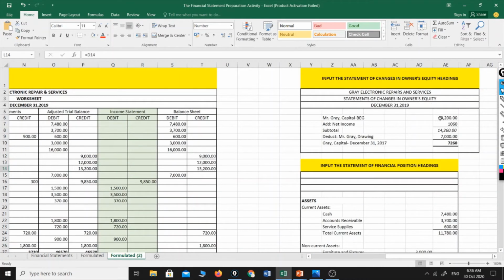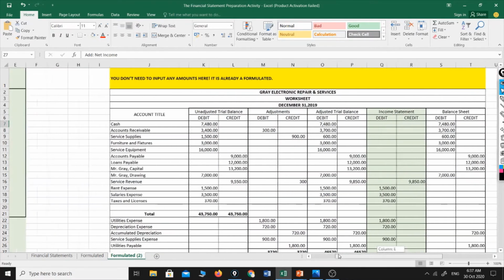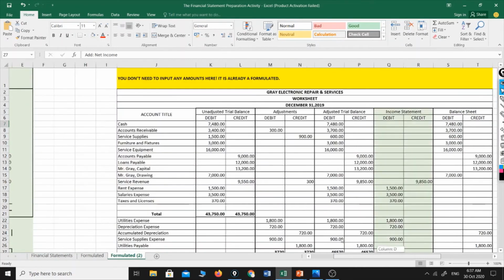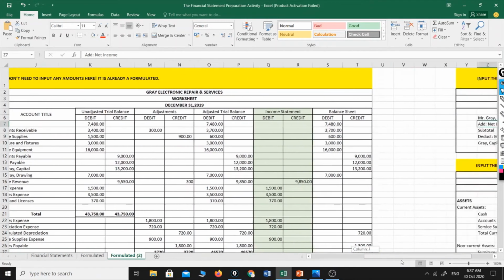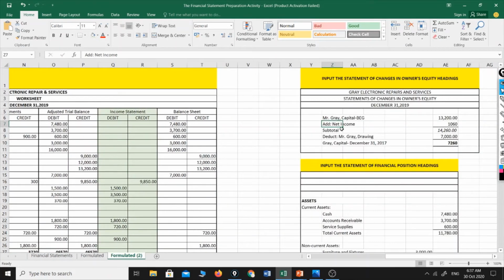So I put here 13,200 and then add, supposedly if there is additional investment, we put also that item, but since upon scanning the transaction, there's no additional investment, we will directly consider the net income.